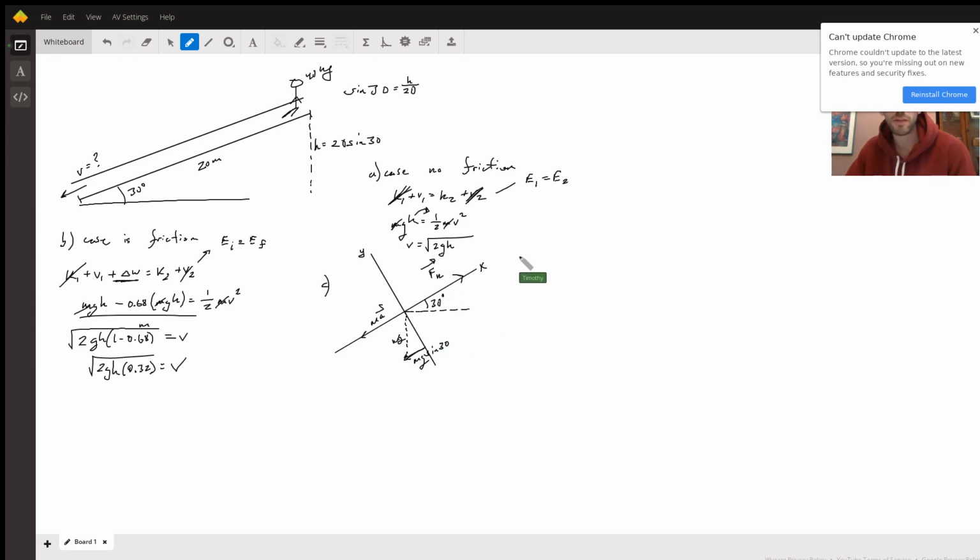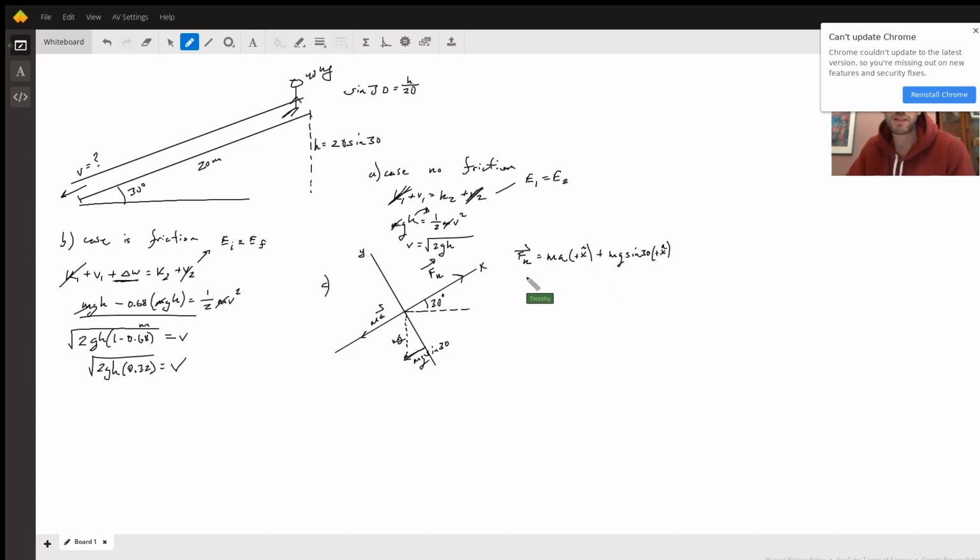Okay, and because this is 30 degrees, this x component is mg sine 30. So if we're trying to find the force of kinetic friction, it's going to equal the mass times acceleration in the negative x direction plus the weight, the component of the weight in the x direction. Sorry, this should be positive.